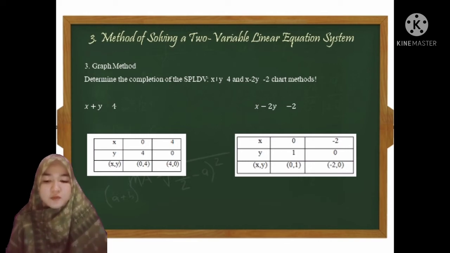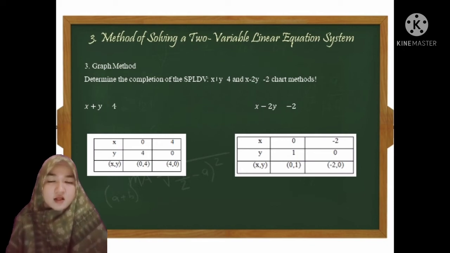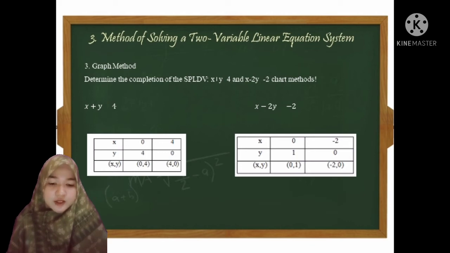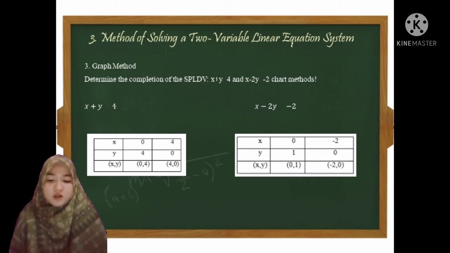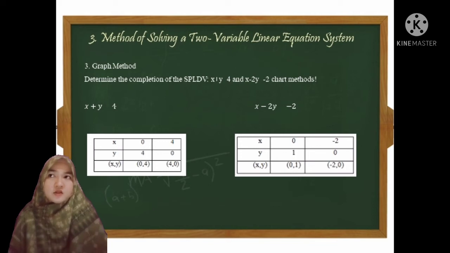We see from the table that if x equals 0, then we obtain (x, y) equals (0, 1), and if y equals 0, then we obtain (x, y) equals (minus 2, 0).